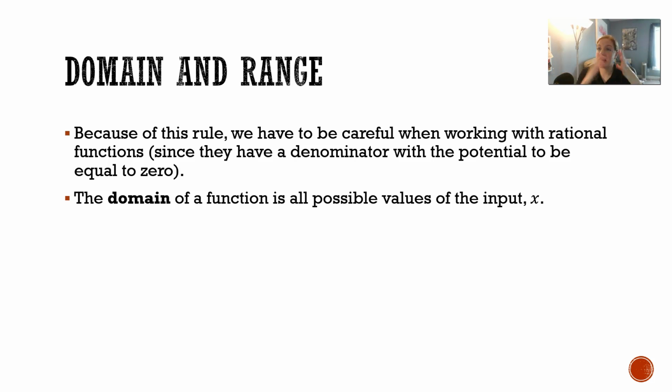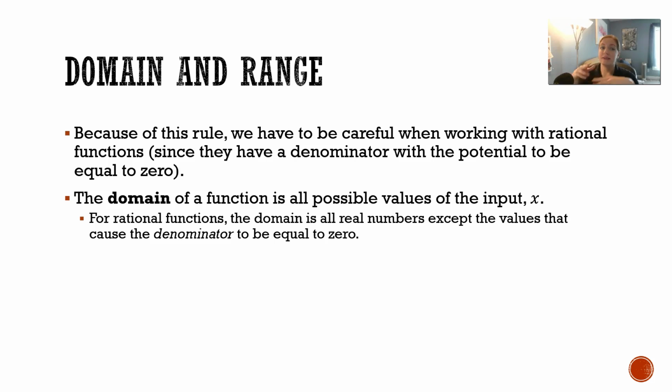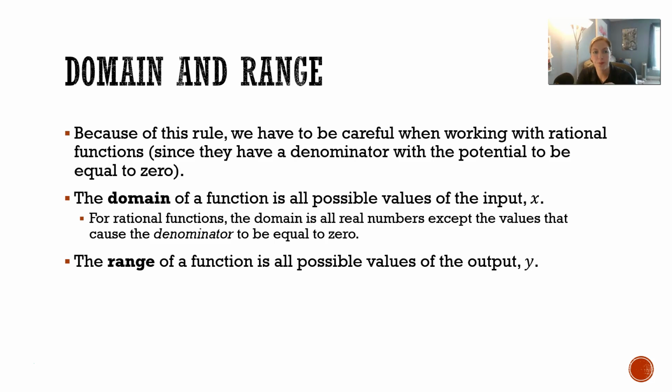So domain is your x values, whereas range is your y values. For rational functions, the domain is all real numbers except the values that cause the denominator to be equal to zero.